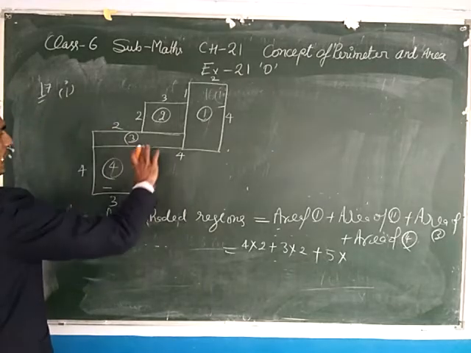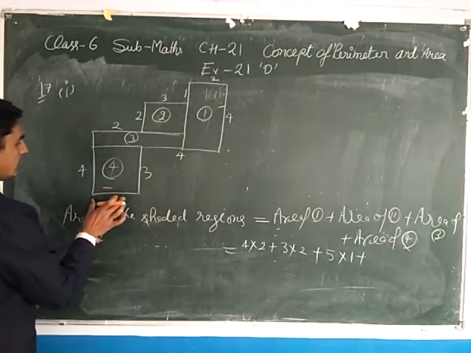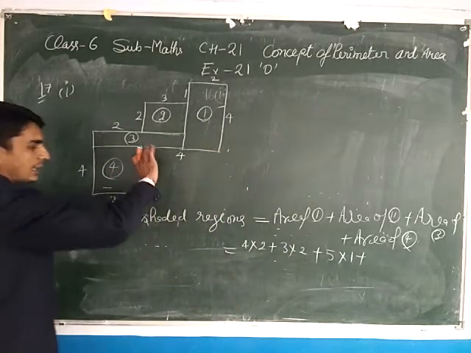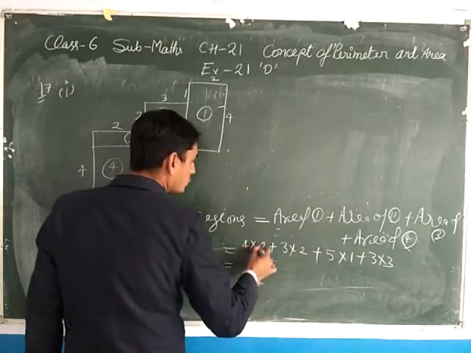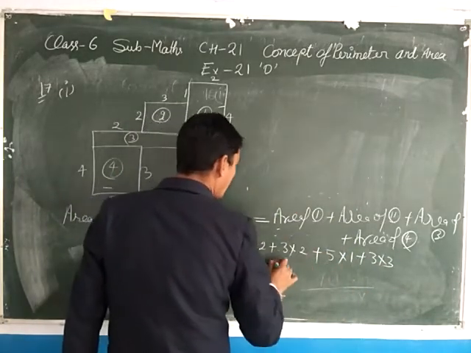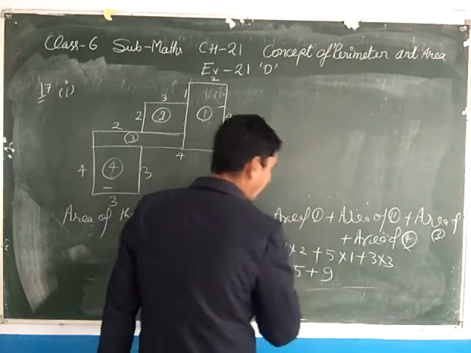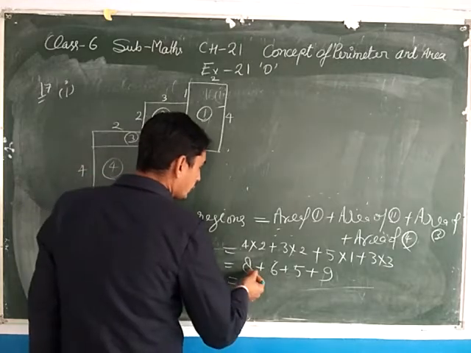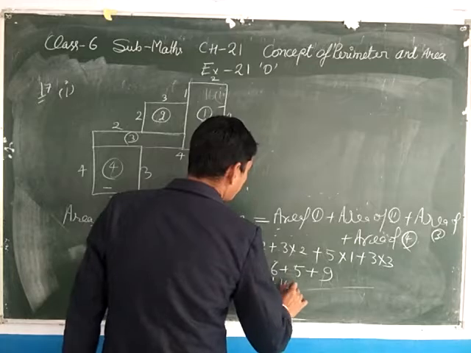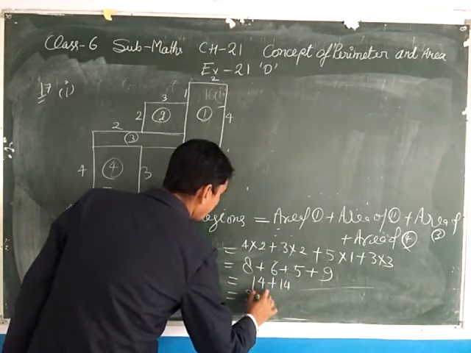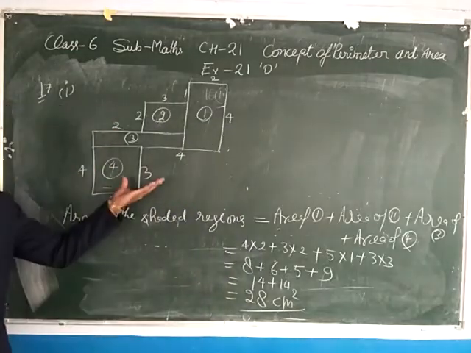This is total 4 and this is 3, so breadth is 1, plus 4 is length and this is breadth. Both are 3, so 3 multiply 3. You know very well 4 2s are 8, 3 2s are 6, 5 1s are 5, 3 3s are 9. So 8 and 6 is 14, 5 and 9 is 14, and 14 plus 14 is 28 centimeter square, the required answer of the first part.